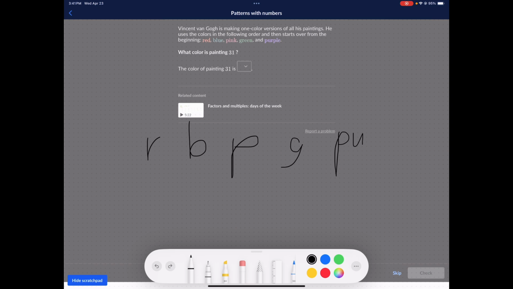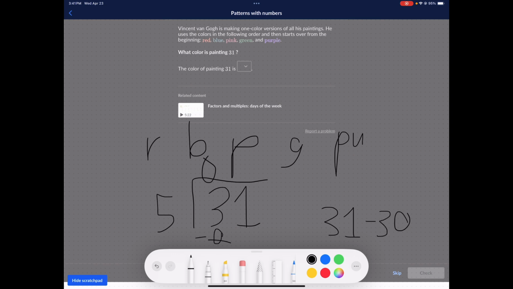So we can do long division here, which I didn't distinguish earlier, and we can see how many times 5 goes into 31. Well, if we do long division, we can't subtract 3, so that's 0. And then we have 3. And then 31 minus how many times will 5 go into 30, because if we take 5 and add it until we get above 31 or a little below, it's 30.